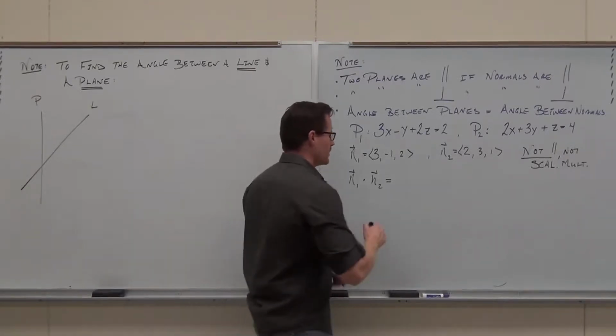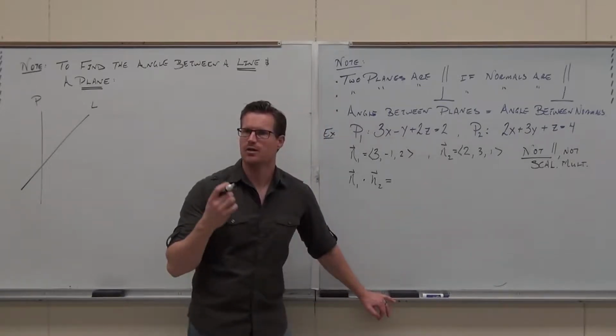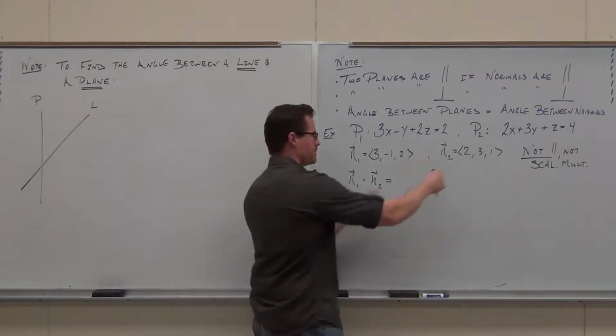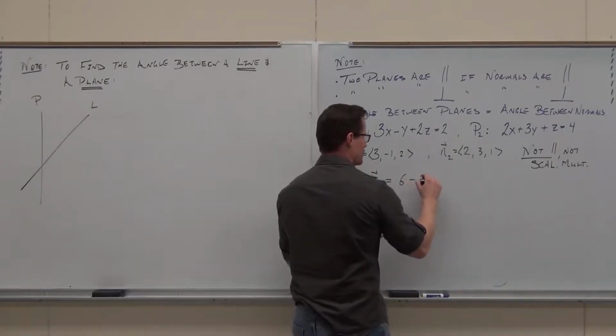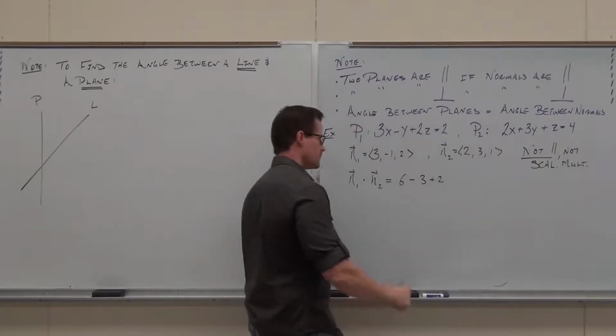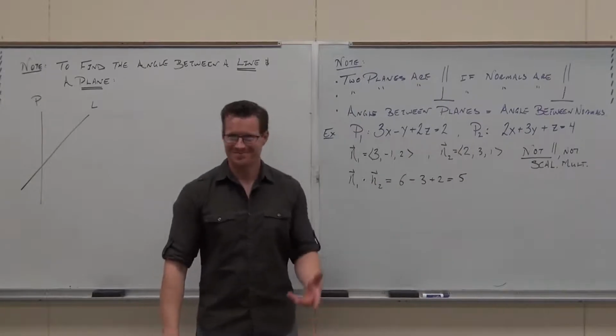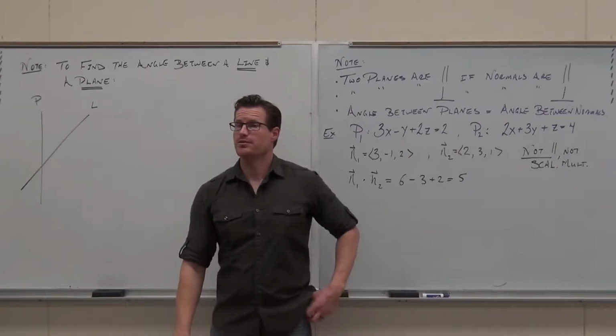If we do the dot product and it's not 0, then we have not perpendicular. So we'll try it. Not 0. Did you get not 0? Did you get 5? Yes.